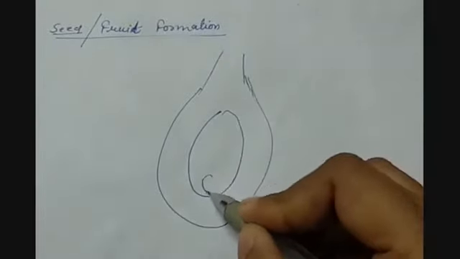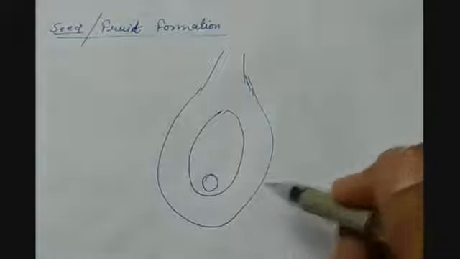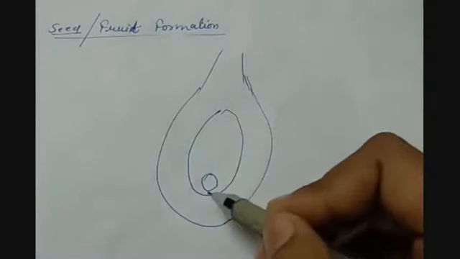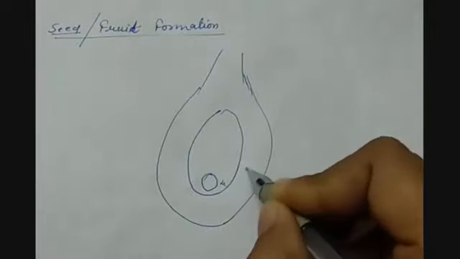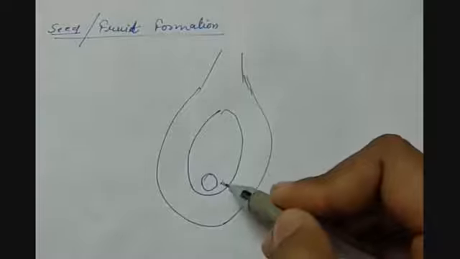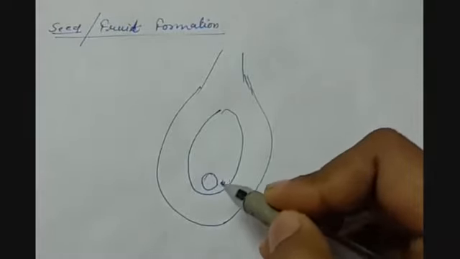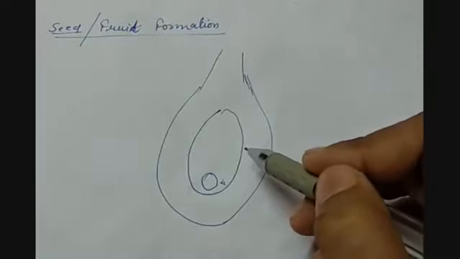Just one cell is formed after the fusion of the male and female sex cell of the flower, which is called the zygote. When this zygote keeps on growing, it is called an embryo, and when the embryo develops further, it is called a seed.